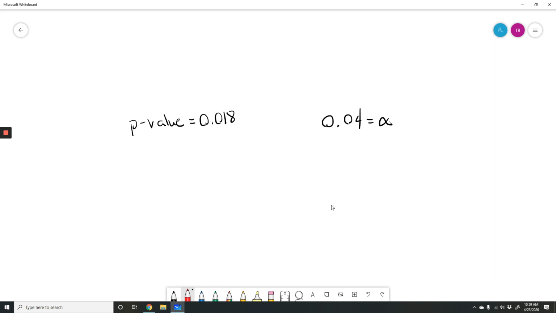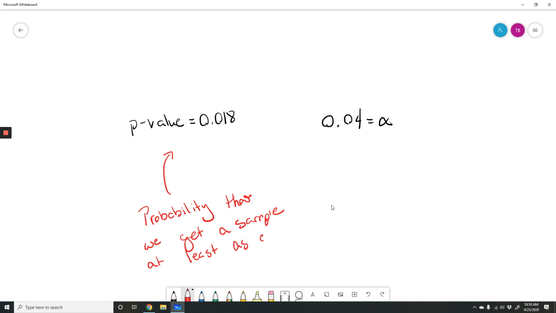So this is the probability that we get our sample at least as extreme as the one we actually got, assuming the null hypothesis is true.